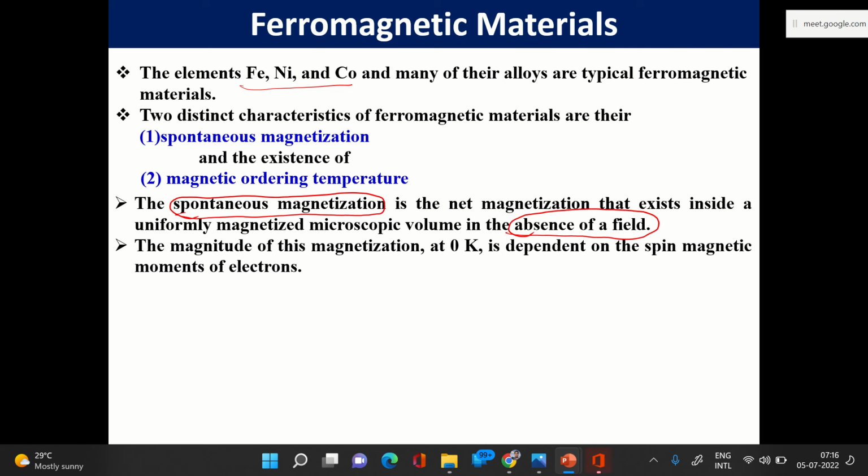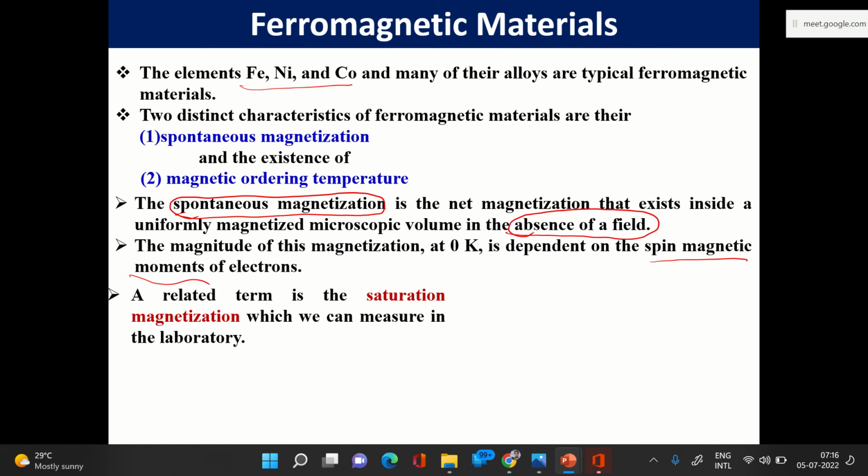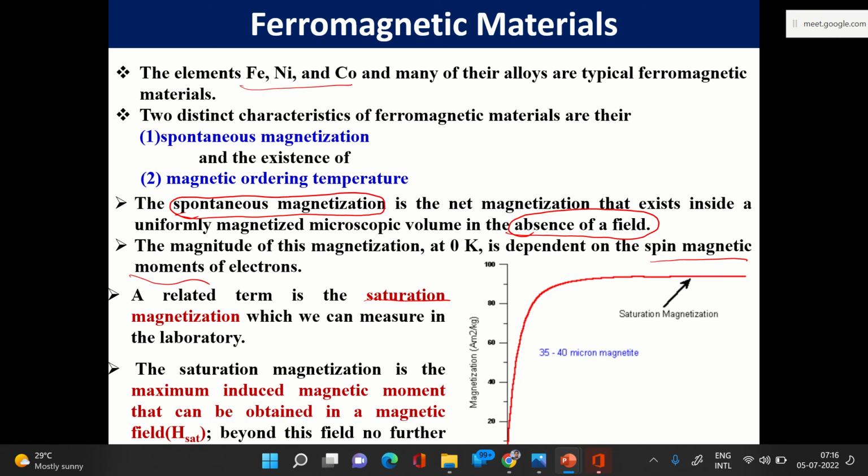The magnitude of this magnetization at 0 Kelvin is dependent on spin magnetic moments. So what you measure in the laboratory is the saturation magnetization.